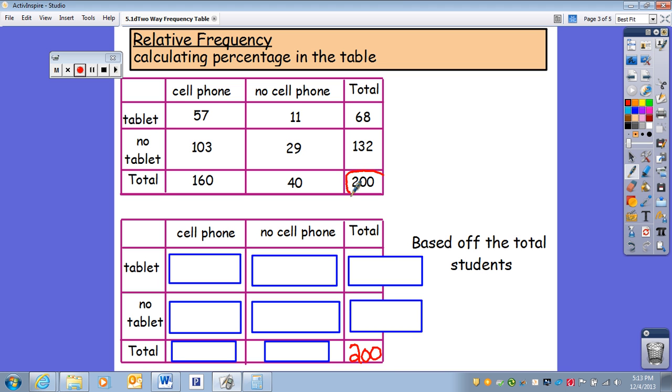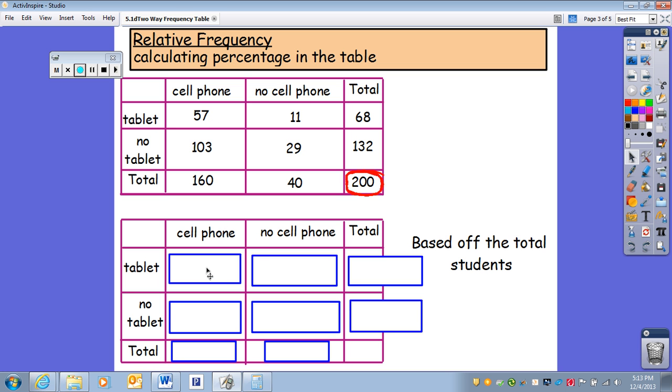So in order to find the relative frequency of each of these categories based on the total number of students, what we would do is take each box in our two-way frequency table and divide by 200. For example, in the first box we have 57 students who had a cell phone and a tablet.